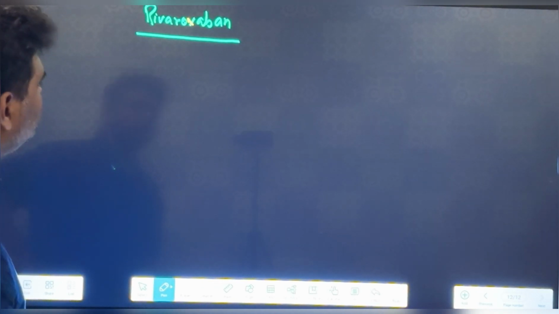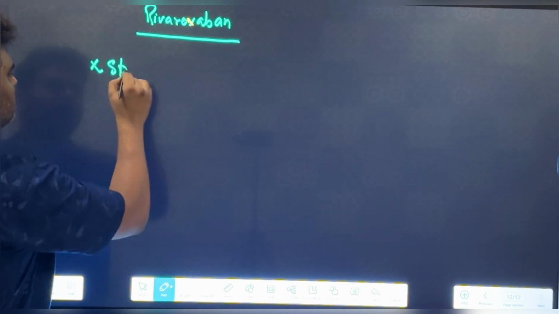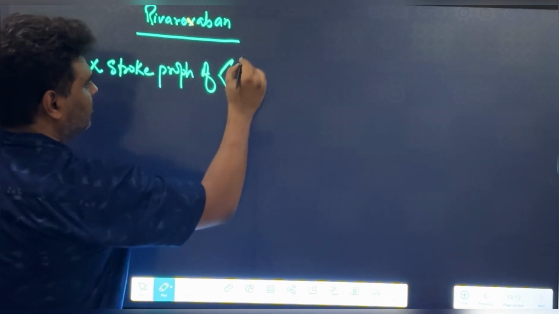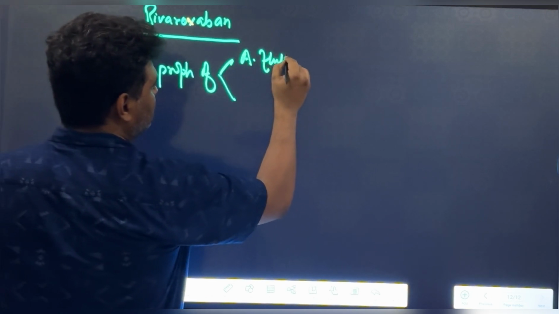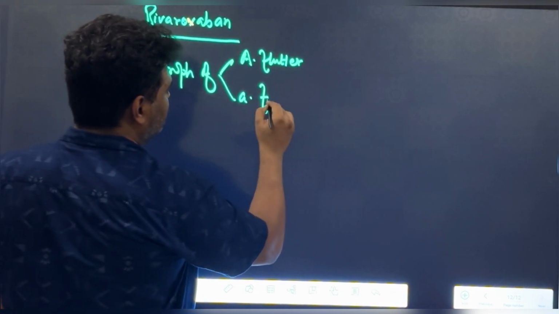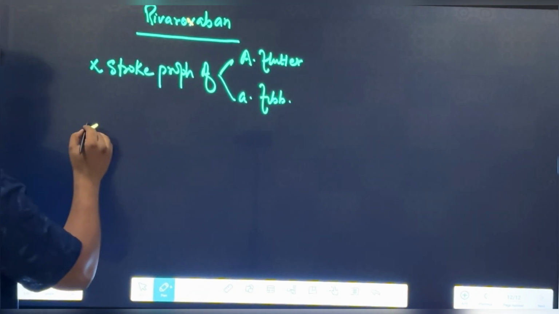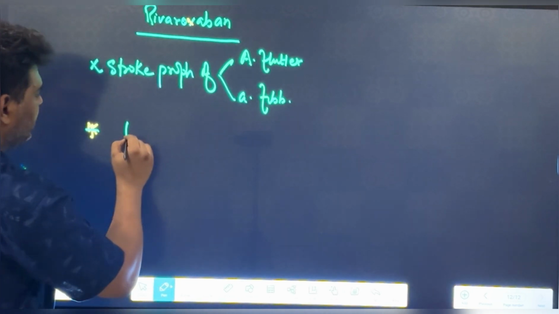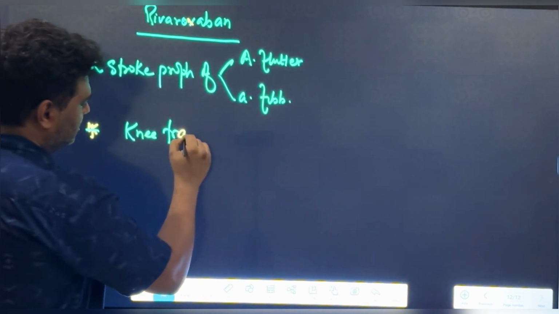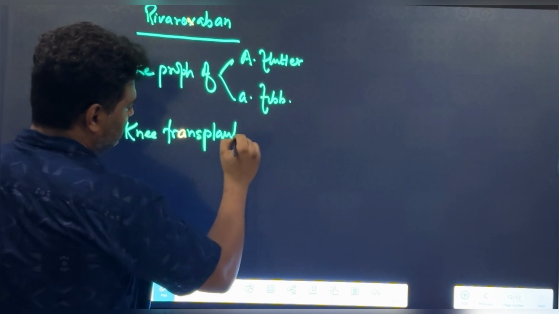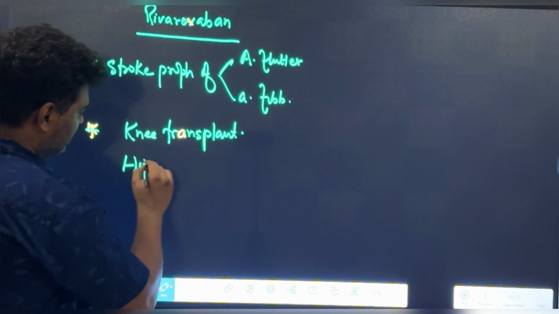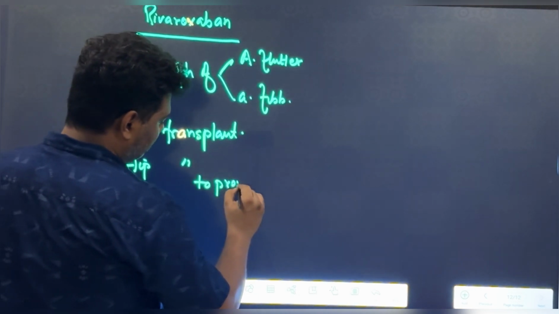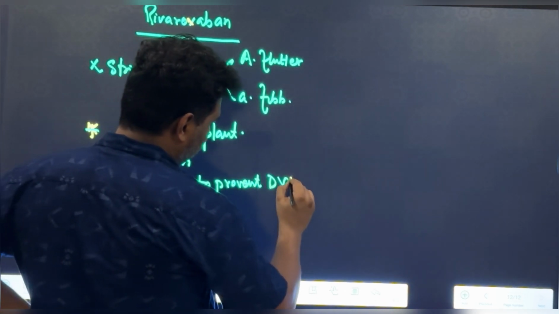What is the use? It is again used in stroke prophylaxis of atrial flutter and atrial fibrillation, just like dabigatran. It is also used after knee replacement or hip replacement to prevent DVT.